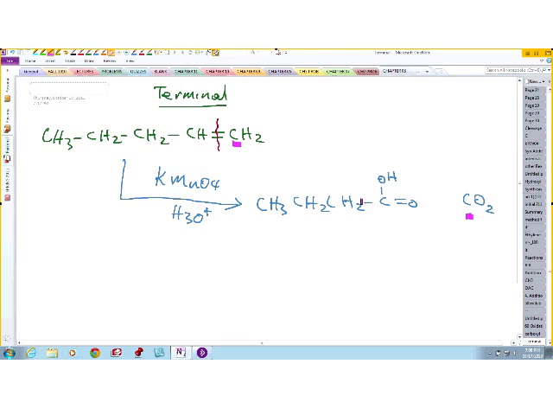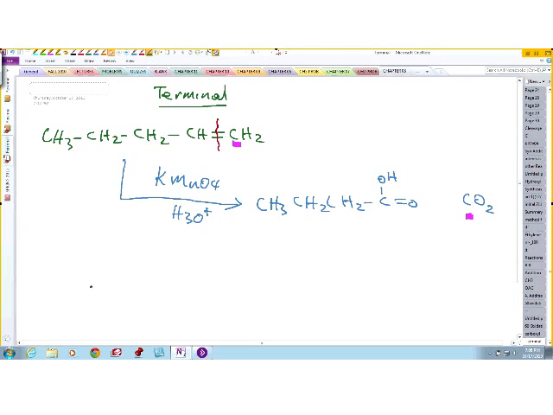Is that number 6? So whenever the double bond is at the end of the chain, the end carbon becomes carbon dioxide. Yes, the end carbon becomes carbon dioxide.